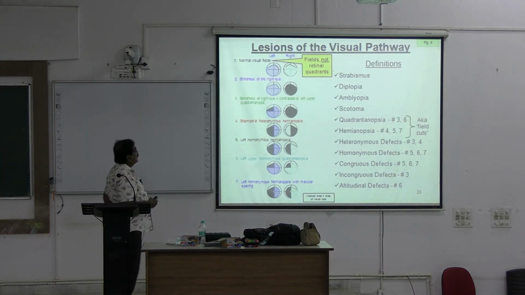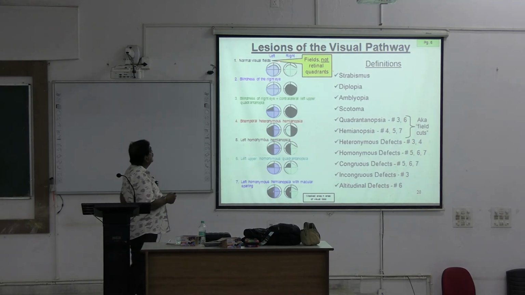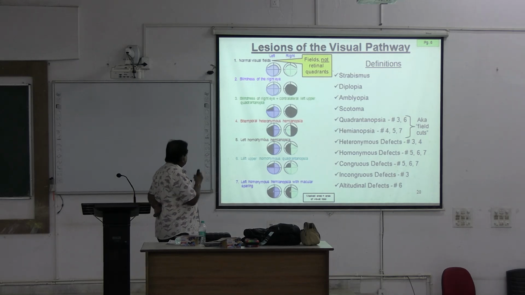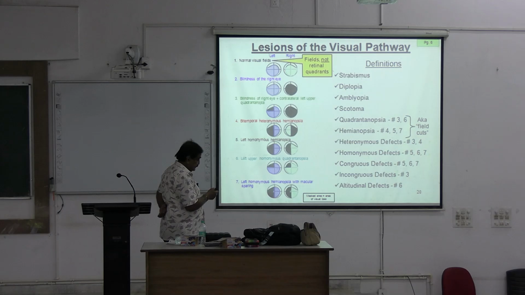Now, these are the definitions you see in the book. Normal visual fields, blindness of the right eye, blindness of the right and contralateral left quadrantanopia, bitemporal hemianopia. Actually, I have not brought my specs, getting blurred vision.